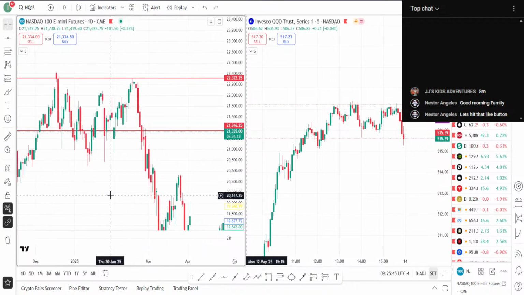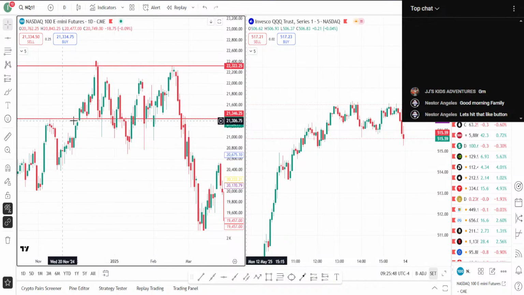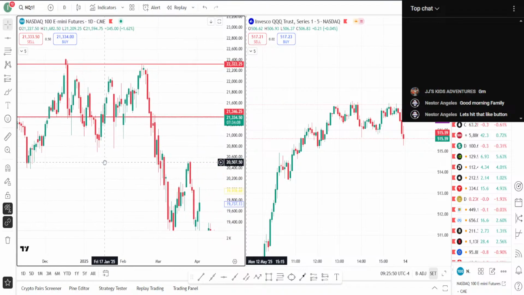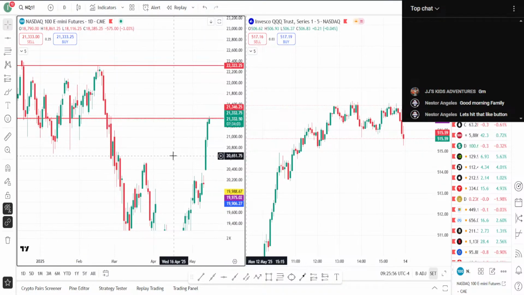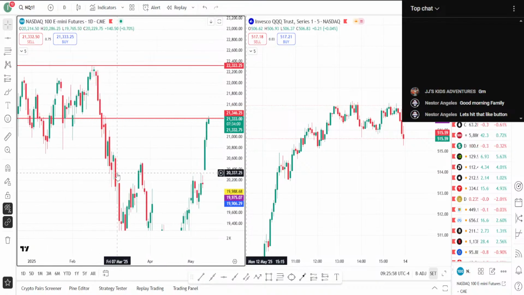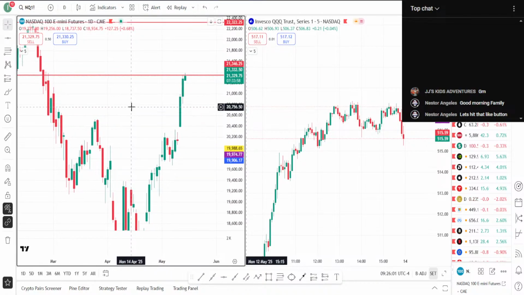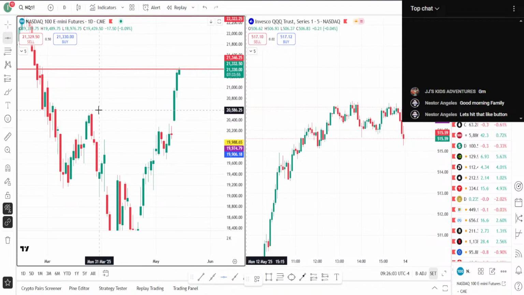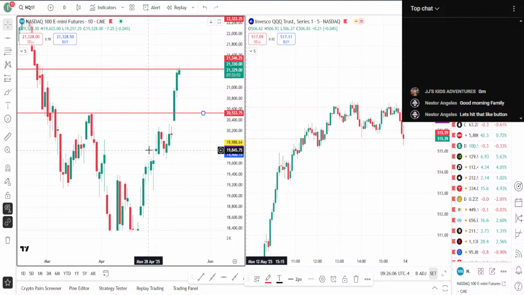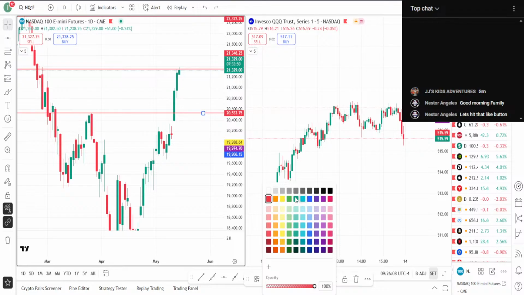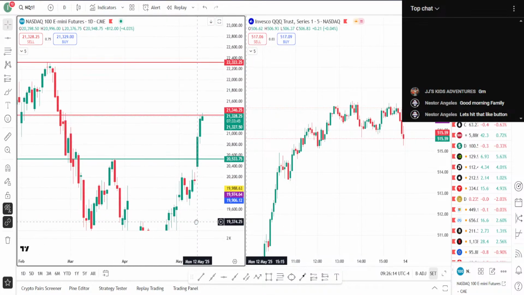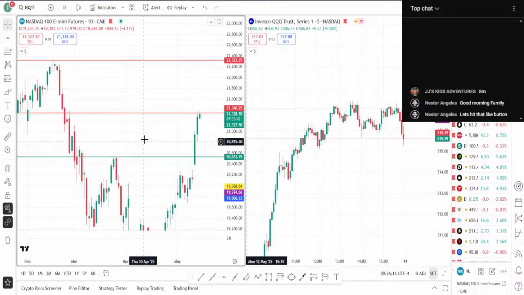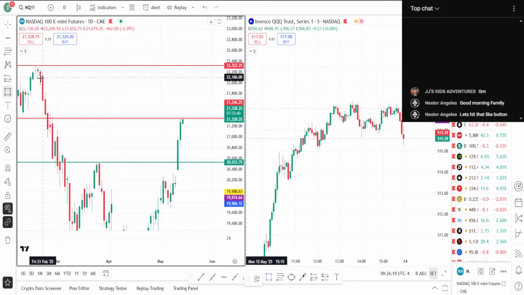I think right there looks about right. There was resistance here, it was support here, and support here, resistance here. I think that looks like a good spot for that key level. And then we could go ahead and mark this up right here. This could be support. I think that's good for now. Let's mark this supply zone up here.